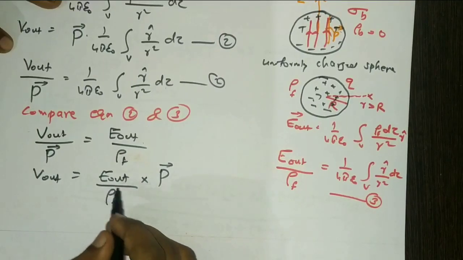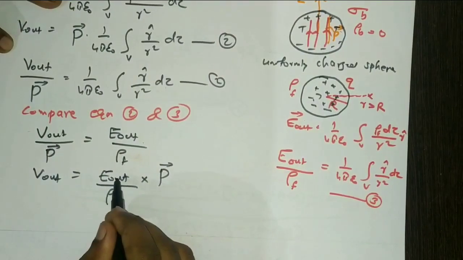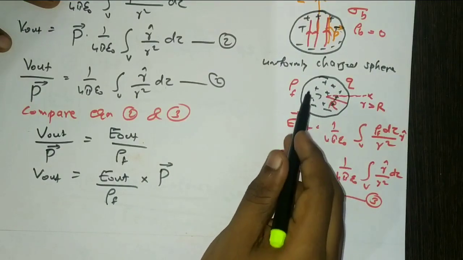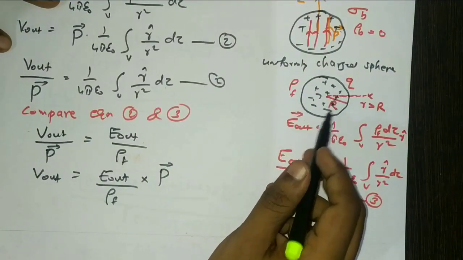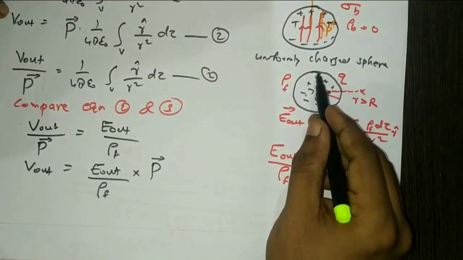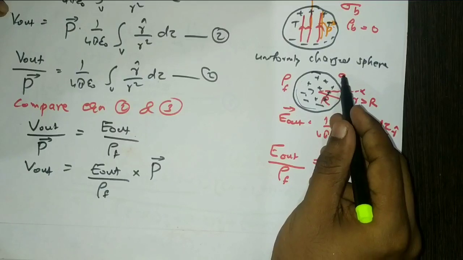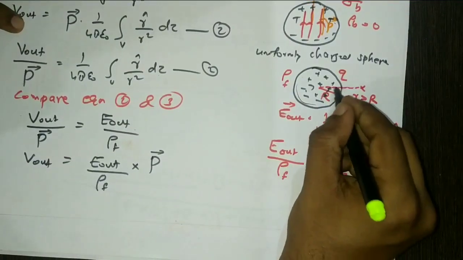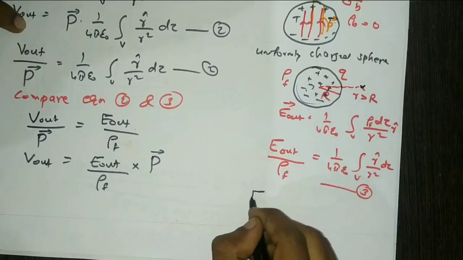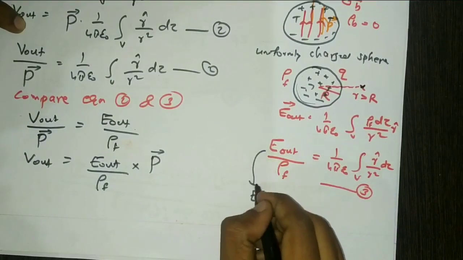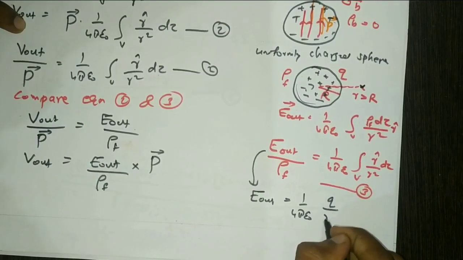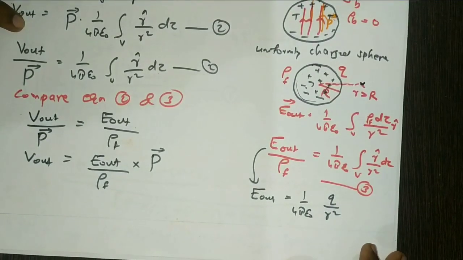Now here I will see what is the exact form of the electric field outside a uniformly charged sphere. For this uniformly charged sphere, if Q is the total charge, then the electric field outside the sphere can be written as E out equals 1 by 4 pi epsilon 0 Q divided by R square.